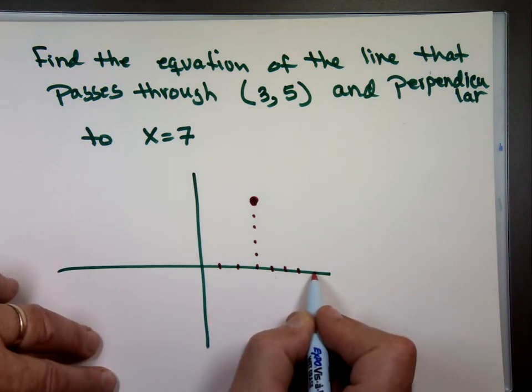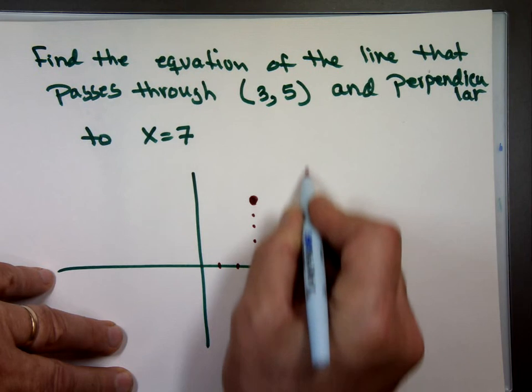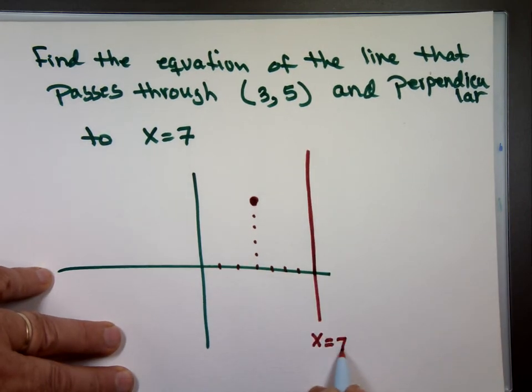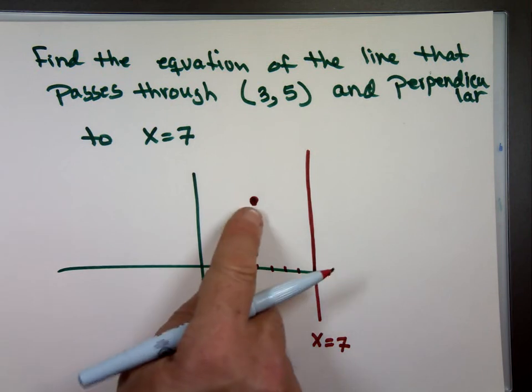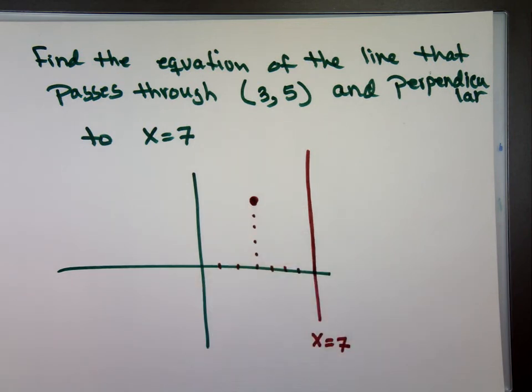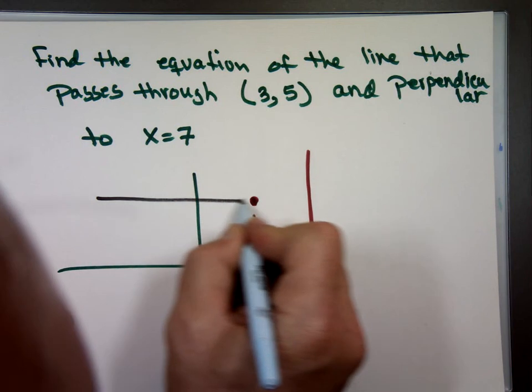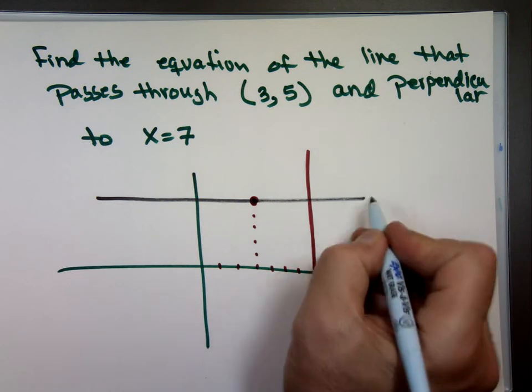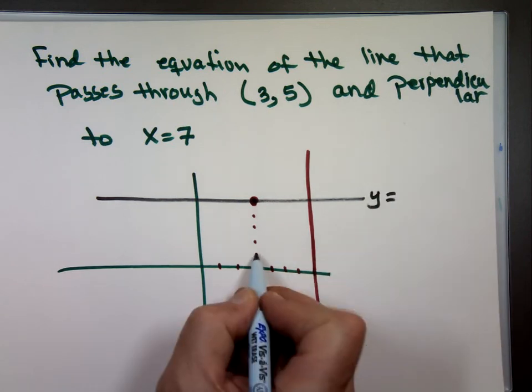This is x equals 7. Your line passes through that point perpendicular to that. The only way that will happen is if the line is this. That's the only way. And what's the name of that? Y equals something. 1, 2, 3, 4, 5. That's it.